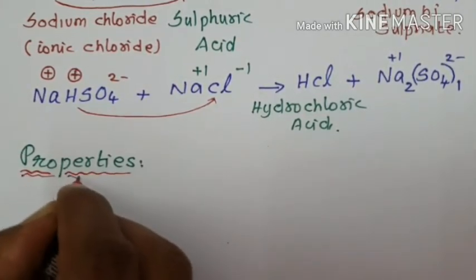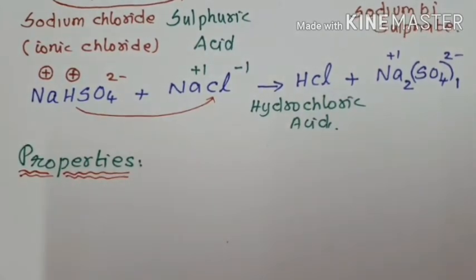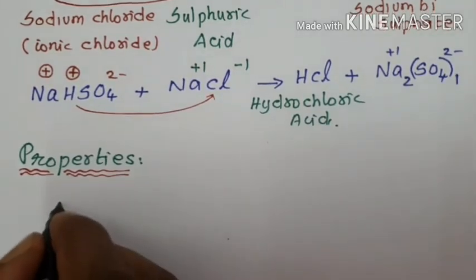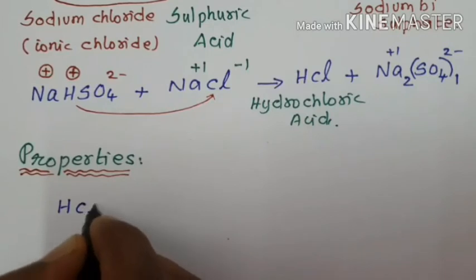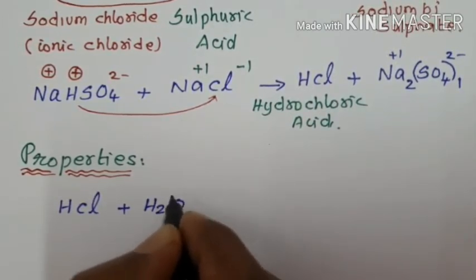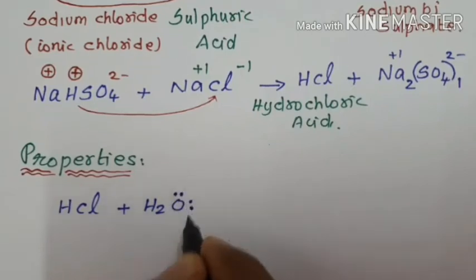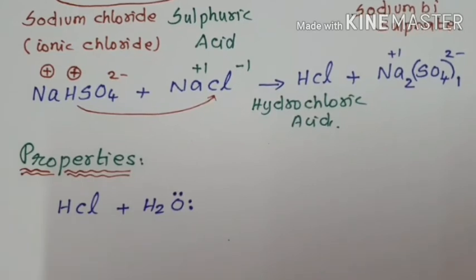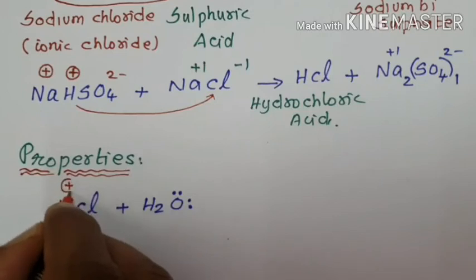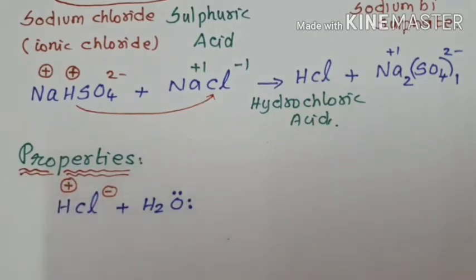Properties of hydrochloric acid. Hydrochloric acid is an acid, which is confirmed by this reaction. HCl, hydrochloric acid, when added to water, H2O, where oxygen has 2 pairs of electrons on it, undergoes ionization and gives H plus and Cl minus ion.